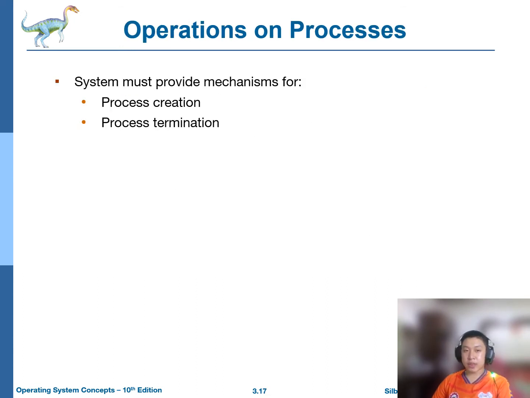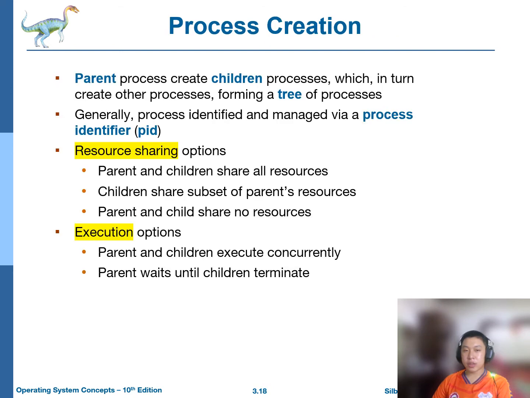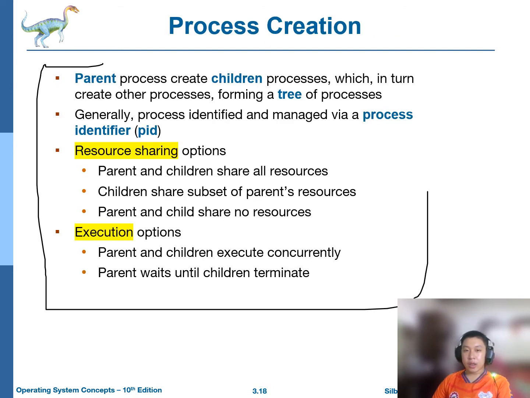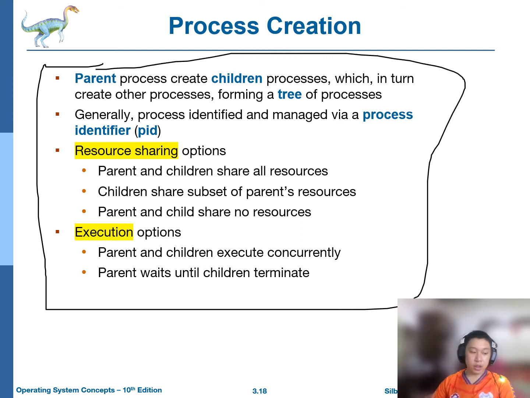Operations on processes. The system must provide mechanisms for process creation and process termination. A parent process creates child processes, which in turn create other processes, forming a tree of processes. Generally, processes are identified and managed via a process identifier.